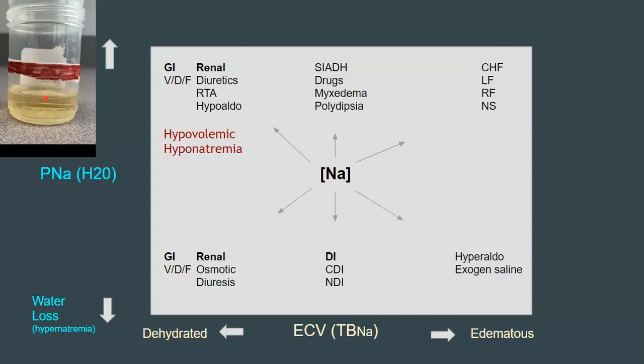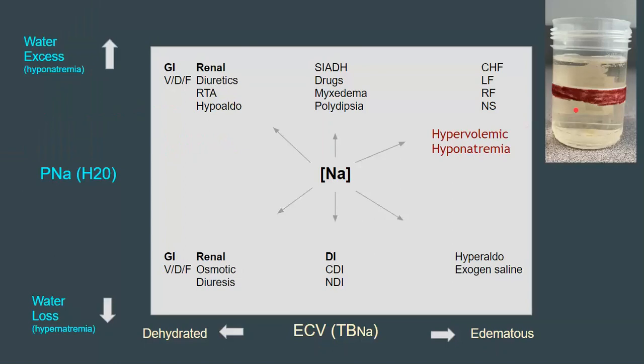So they're coming in dehydrated, or they've been over-diuresed, or they're hypoaldosterone, or maybe they have a salt-wasting RTA, renal tubular acidosis. For whatever reason, these people aren't eating. Maybe they have pneumonia and maybe they're hypovolemic from that. But for whatever reason, the person has low volume and hyponatremia. Okay?